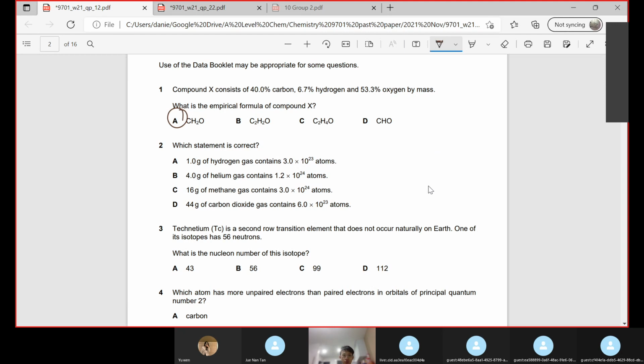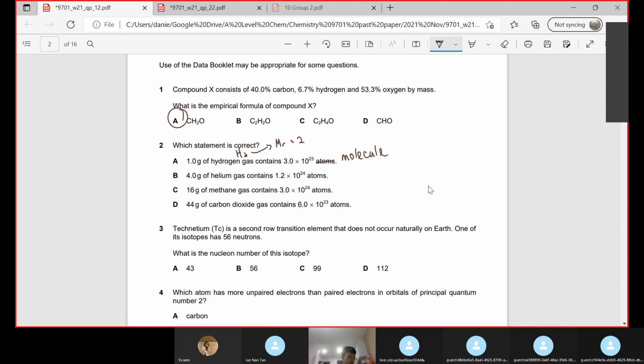Hydrogen gas is H2, with relative molecular mass, Mr, equal to 2. So 1 divided by 2 gives 0.5 mole, which is 3.0 times 10 to the power of 23. But it should be molecules, not atoms. So A is wrong.